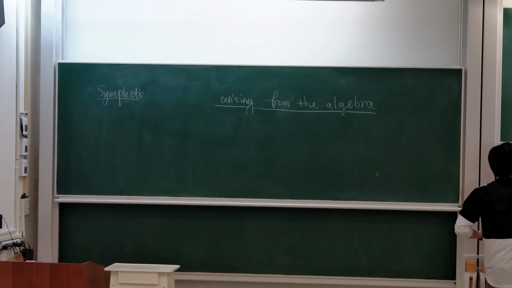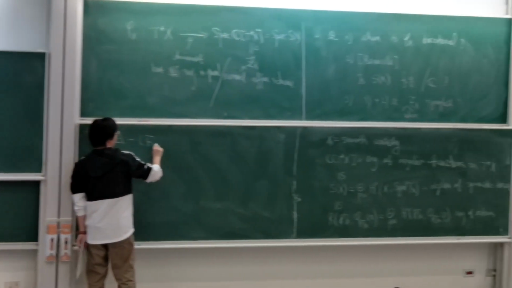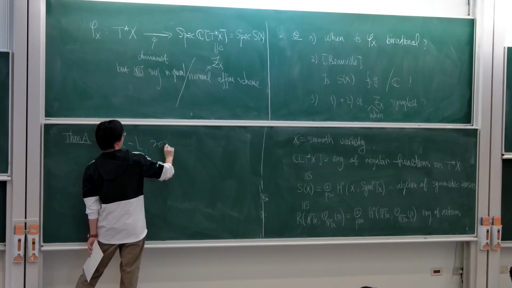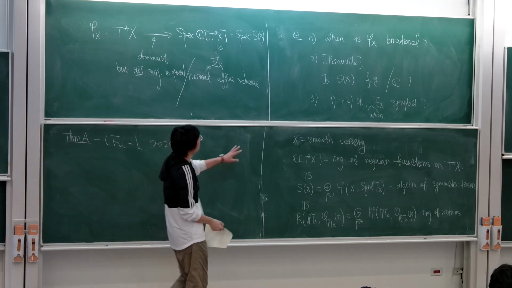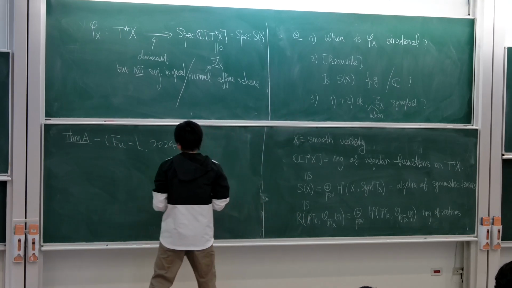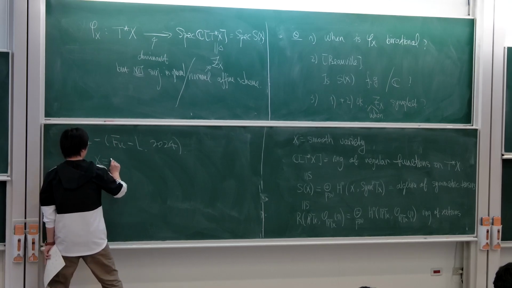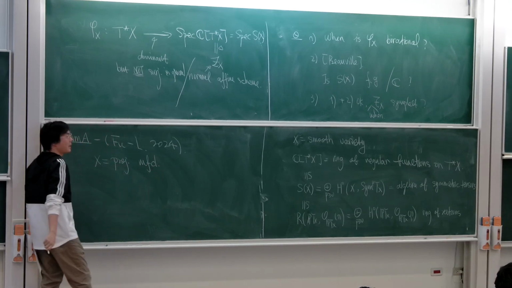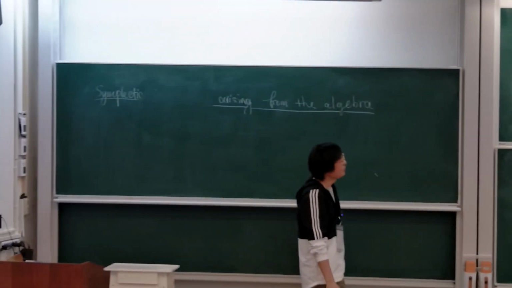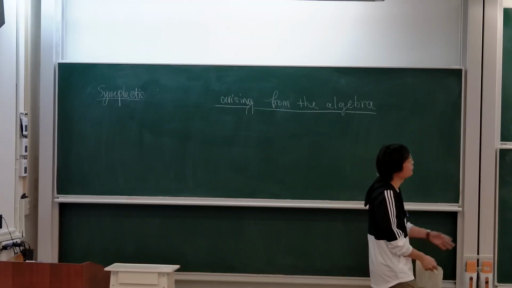So I want to state our first result. This is joint work with Baohua. For now I will focus on the case where x is a projective manifold, and then we have a complete answer for the first question.